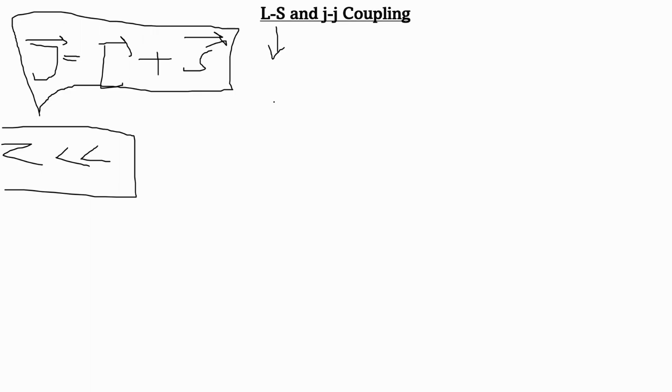So suppose there are two electrons, here one electron, here one electron. It has orbital quantum number L1, it has L2, it has spin S1, it has spin S2. Then what will occur in case of coupling?